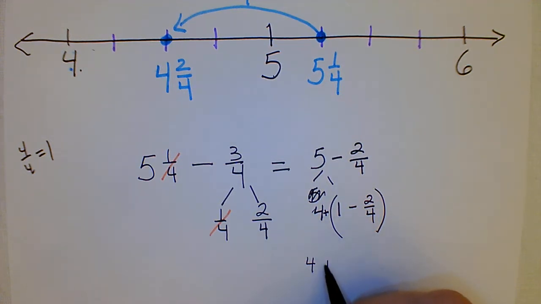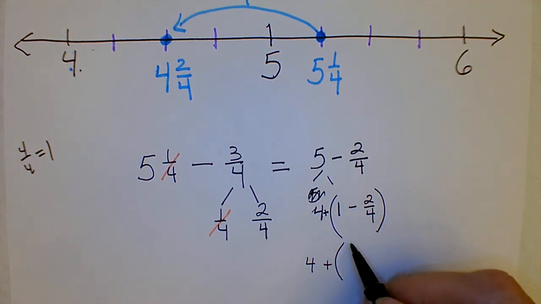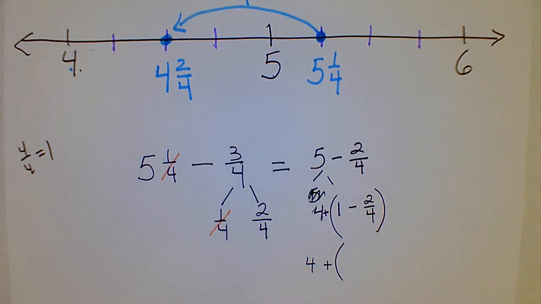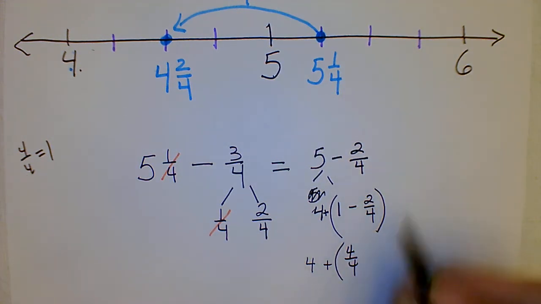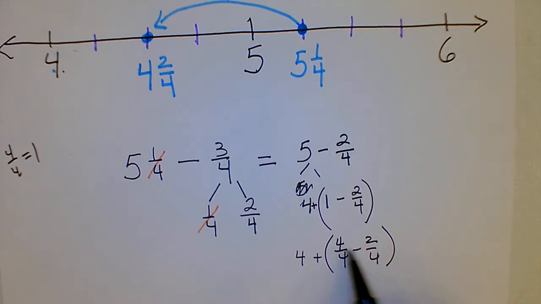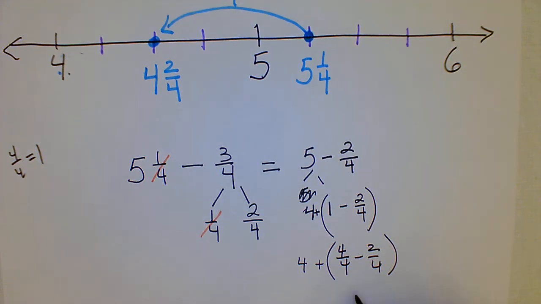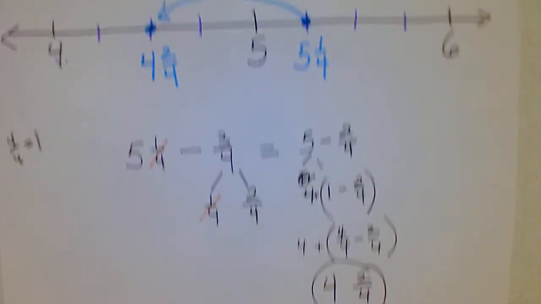I can turn that 1 into fourths. I have my rule, 4/4 equals 1. So that becomes 4/4 minus 2/4. So now 4 minus 2 is 2, 2/4. And I still have my 4. So we end up with 4 and 2/4. So we're getting the same answer.